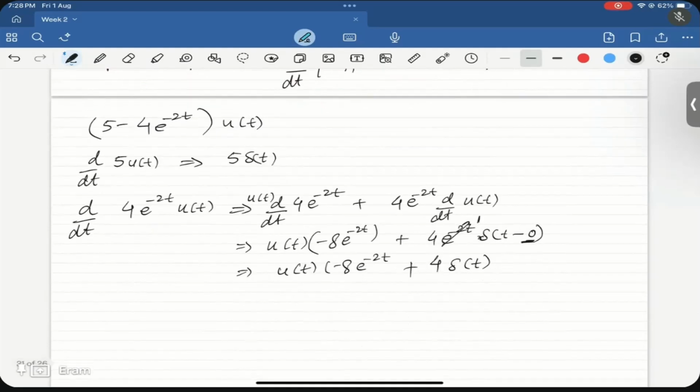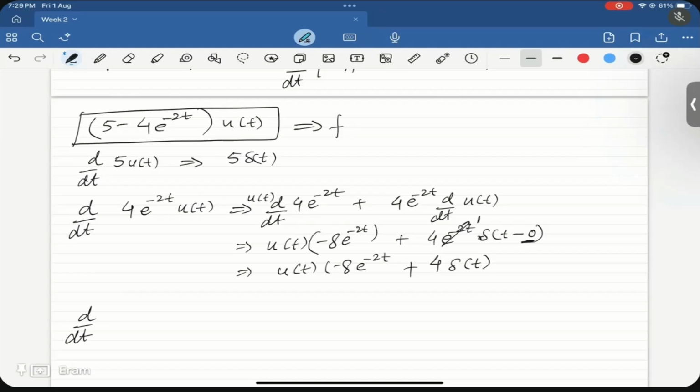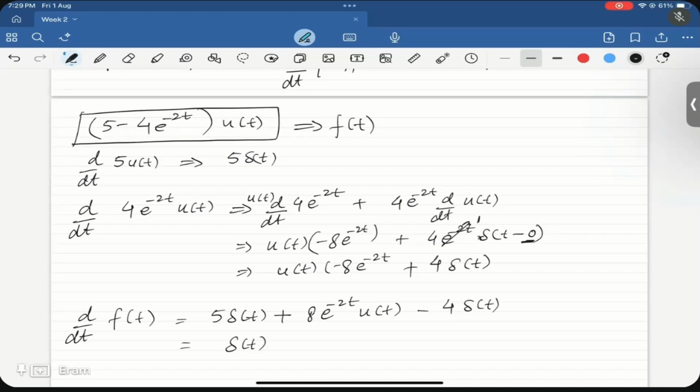So what is the overall differentiation of this function? If I call it f(t), so d by dt of f(t) is 5δ(t) minus 4δ(t) plus 8e^(-2t)u(t). So 5δ(t) minus 4δ(t) will be δ(t) plus 8e^(-2t)u(t).